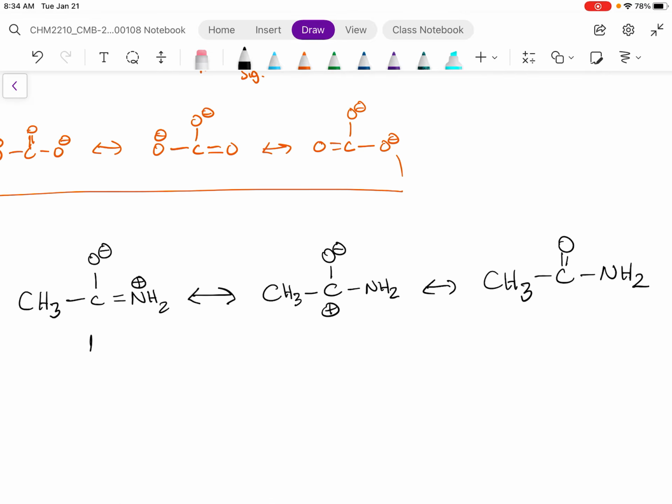Okay, I'm going to call these A, B, and C. I want you to rank these from most significant to least significant. That's how I want you to rank them. Okay, you can ask TAs, they'll guide you, you can talk to neighbors. Let's see what you come up with. I'll give you a few minutes to see what you come up with, okay?